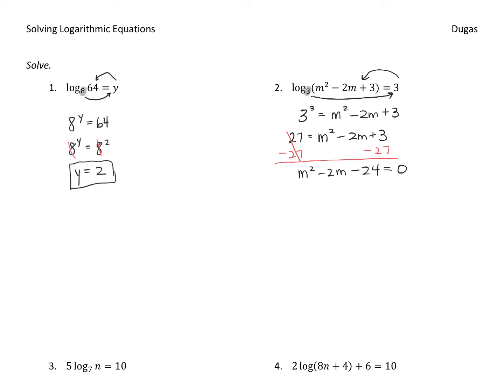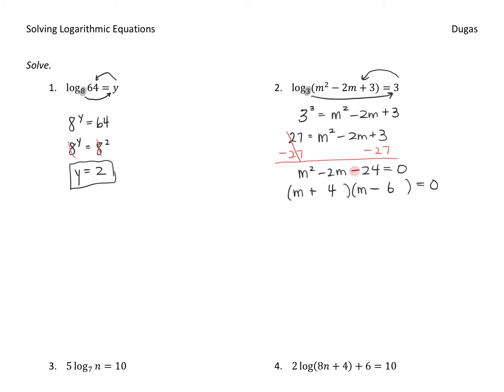Now that my quadratic is set equal to 0, I'm going to try to factor. So m squared, m times m is m squared. Since the number 24 is negative, that means my signs are going to be different. So I'm going to have 1 plus, 1 minus. What multiplies to get 24 and subtracts to get 2? That's going to be 6 and 4.